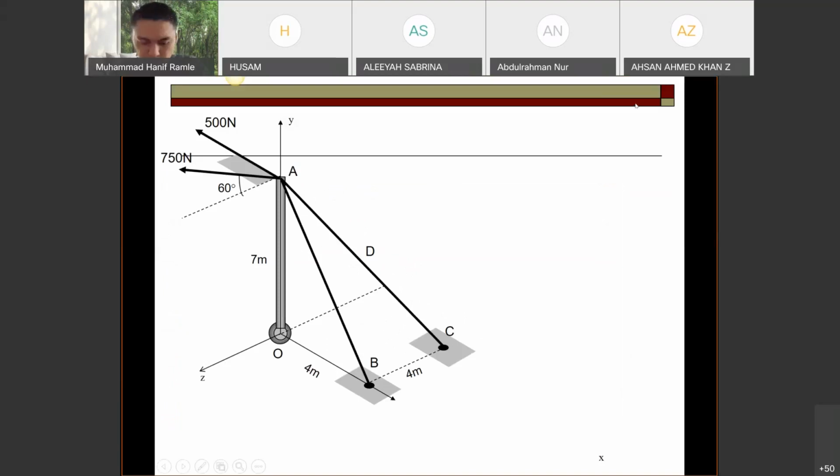Yes, of course, very straightforward, which is OA.